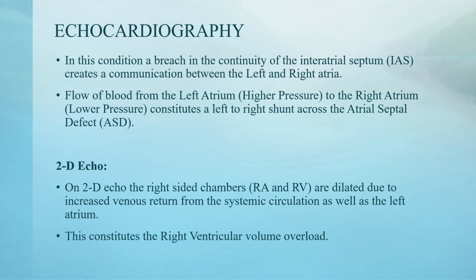Oxygenated and deoxygenated blood mixes, and this constitutes increased venous return from the circulation as well as from the left atrium. So this constitutes right ventricular volume overload.